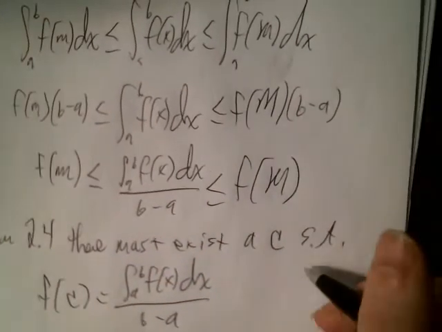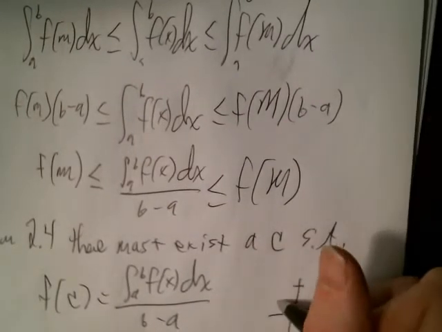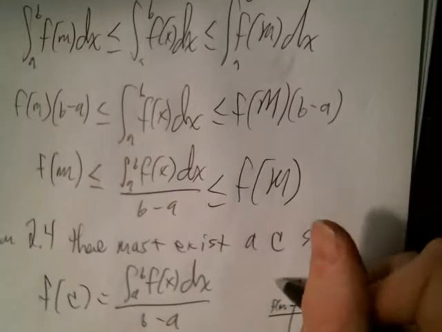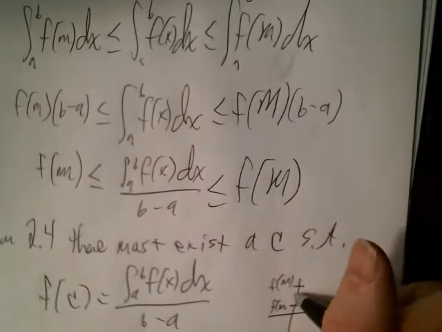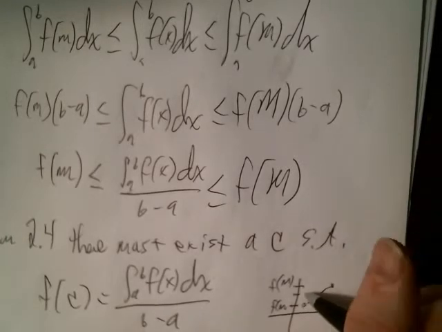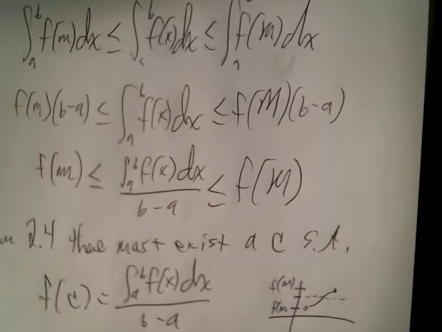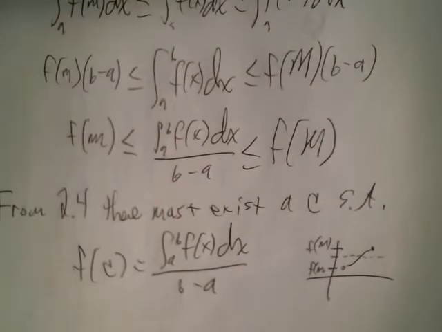Okay, so essentially, if you have a curve that's going from f of little m to f of big M, and there's some known point in between the two, as you go from one to the other, it has to cross through that point. Alrighty then.